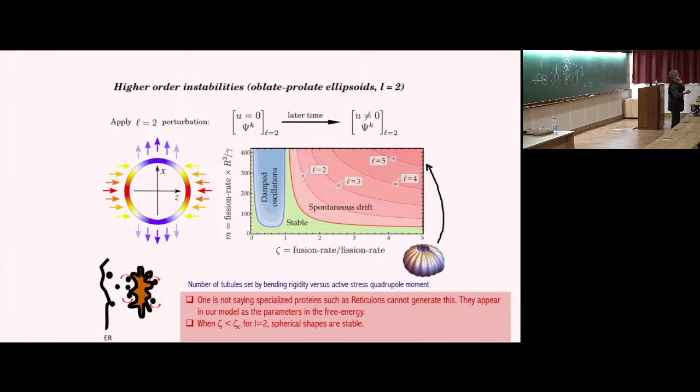So this is Rappaport and Kozlov. And all I'm saying is that the phenotype of having lots of tubulations is not restricted to non-equilibrium phenomena. You can also get it in equilibrium.